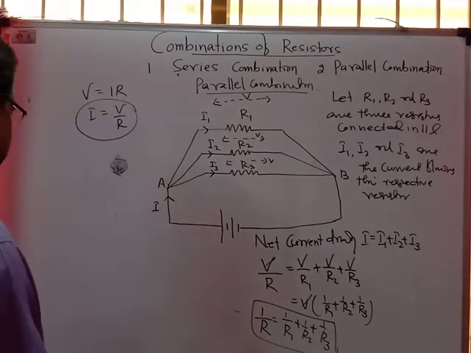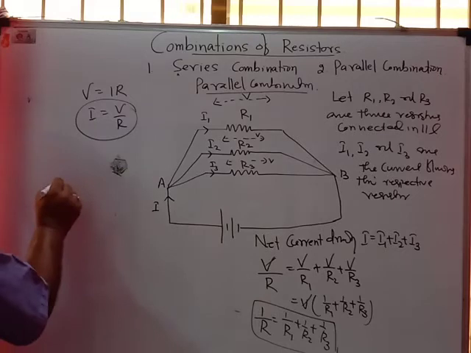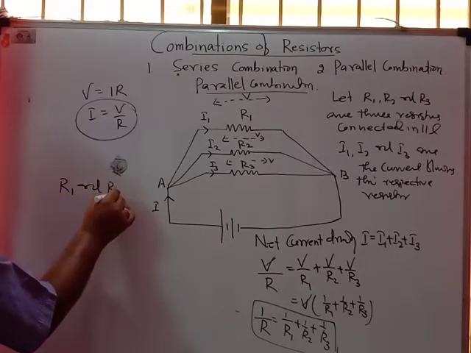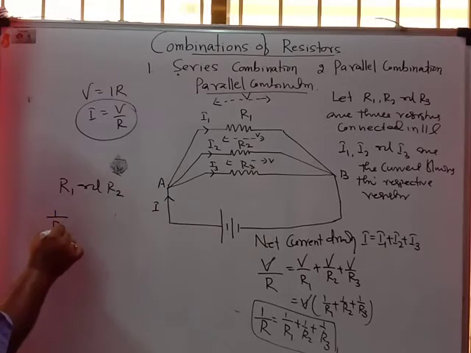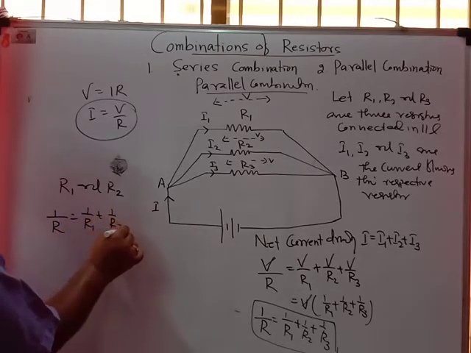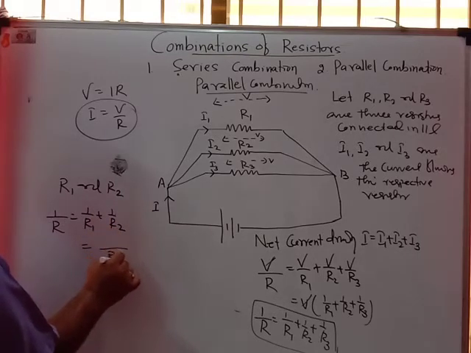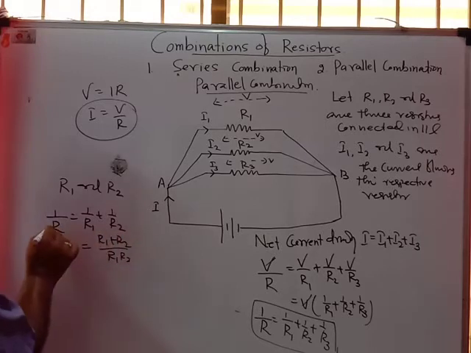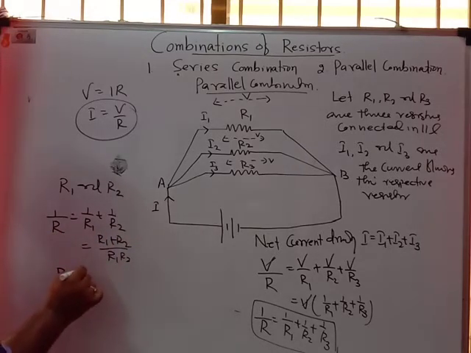If we talk about two resistors R1 and R2 grouped in parallel, the formula is 1 upon R equal to 1 upon R1 plus 1 upon R2, which gives R1 R2 upon R1 plus R2. So R equal to R1 R2 by R1 plus R2.